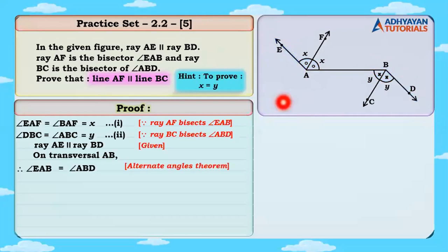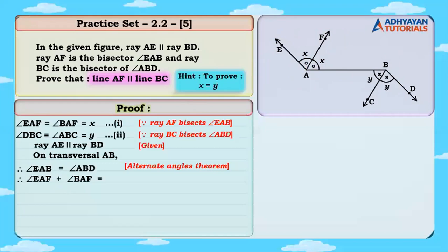Hey children, we all know EAB is made up of two smaller angles, and the names of those two smaller angles are EAF and BAF. So can I write EAB right here as EAF plus BAF? I hope it is understood by all of you. Likewise, what can we write ABD as?